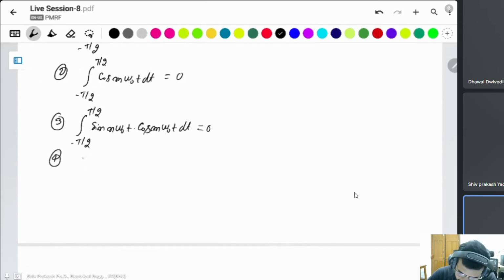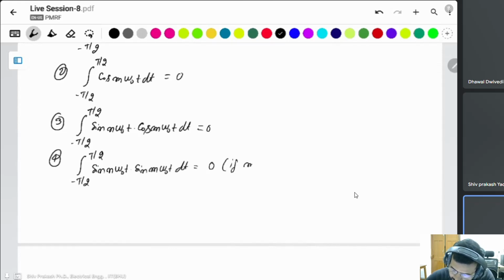Fourth one, multiplication of the same signal, like sine n omega naught t into sine m omega naught t. In this case, it will be 0 if m is not equal to n, or this will be T by 2 if m is equal to n.